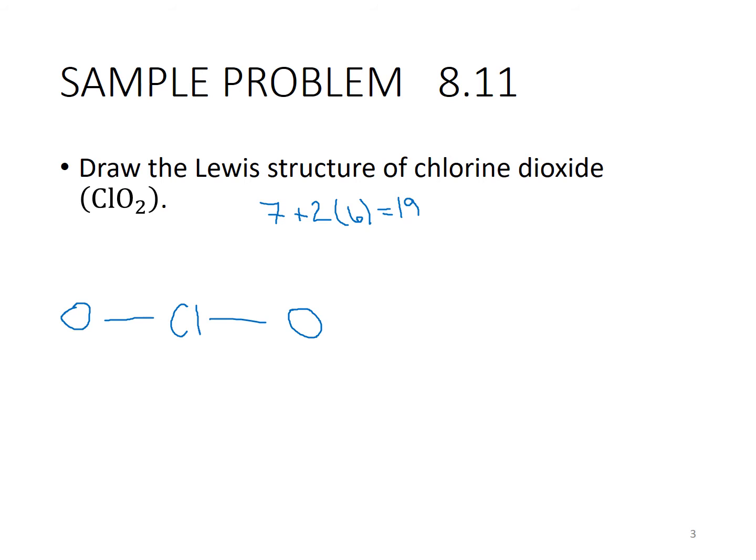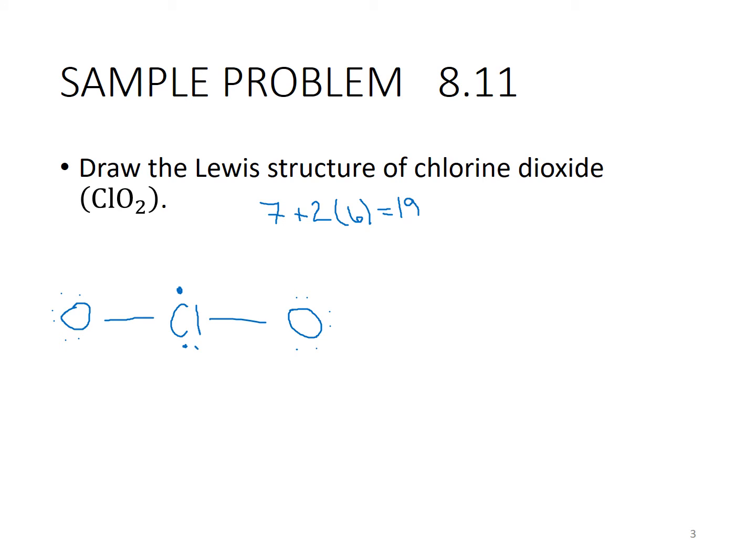So we'll do our normal setup. We'll fill our octet of our outermost atoms first. Okay, so now I've used 8 plus another 8, so we've used 16, so we have 3 left, and I just start adding those to the central atom. So now you can see I have this one lone electron on the chlorine plus a lone pair.